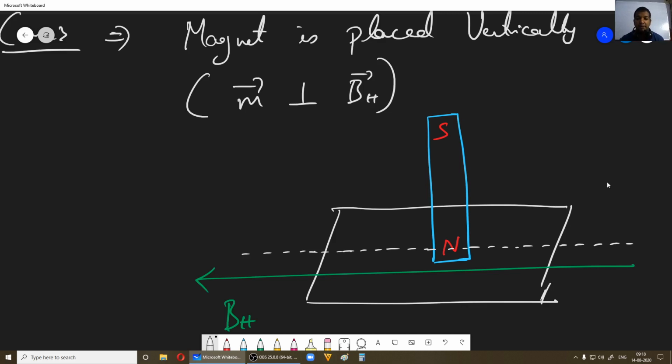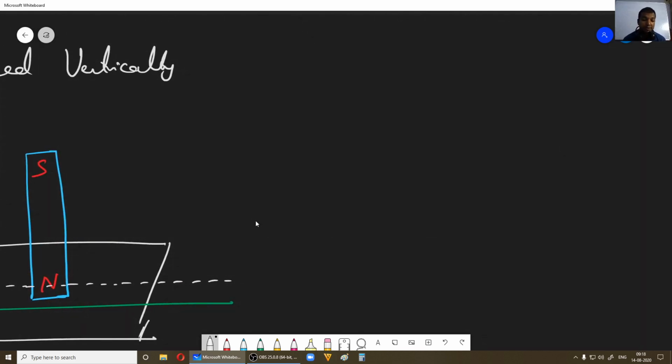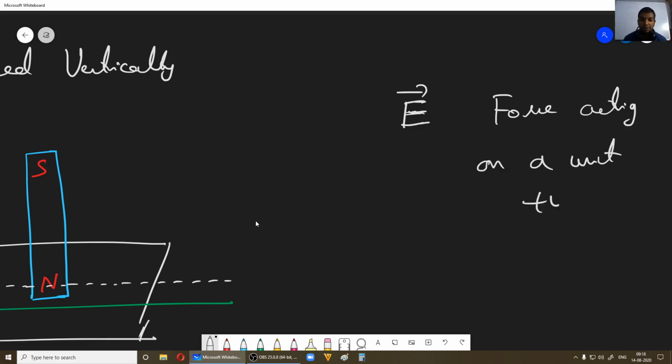Now here we need to consider something. If you can understand electric field, we defined electric field as the force acting on a unit positive charge kept at that point, okay? Now in the same way let us try to define the magnetic field.